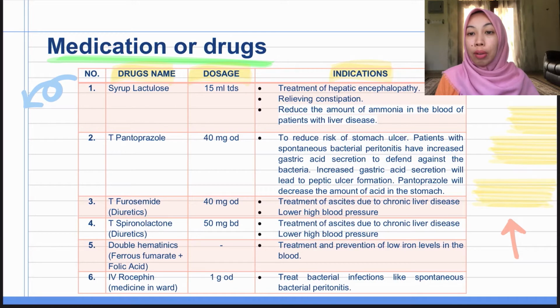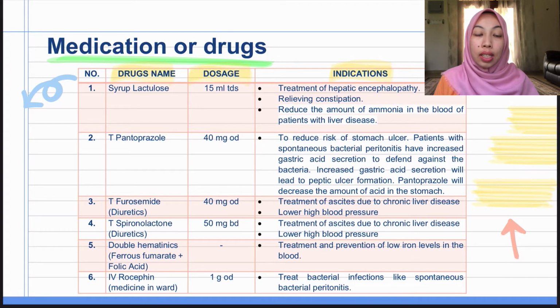To explain, patients with spontaneous bacterial peritonitis have increased gastric acid formation to defend against enteric bacteria. This increased gastric acid secretion will lead to peptic ulcer formation. So, pantoprazole will be used to decrease the amount of stomach acid formation.